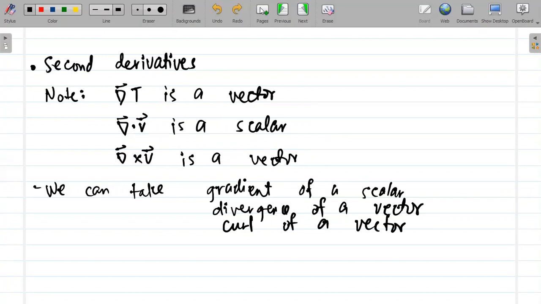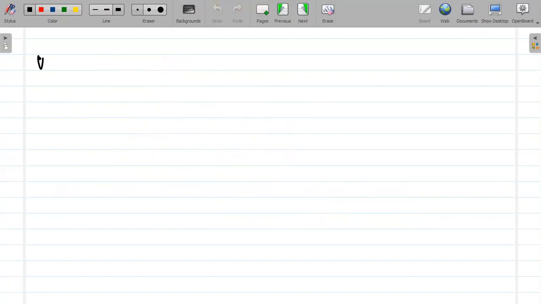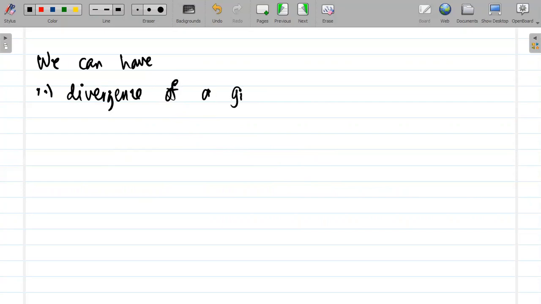Okay, number 1. Therefore, we can have divergence of a gradient. Ito ay del dot del t. So yan yon. Now, class, itong divergence of a gradient, gawin natin siya.